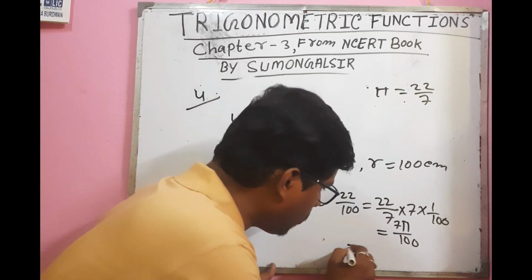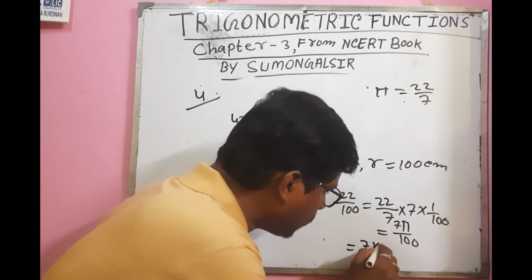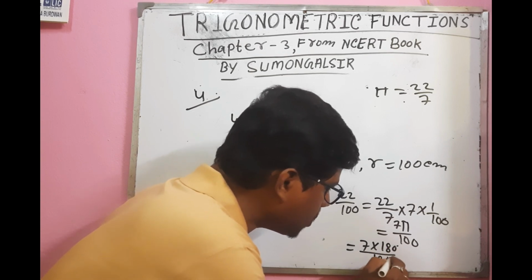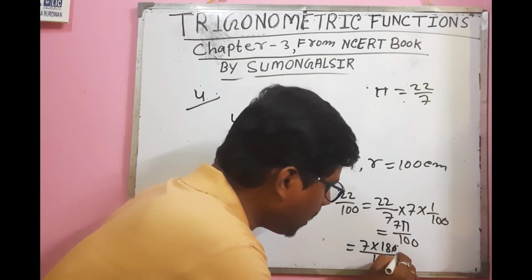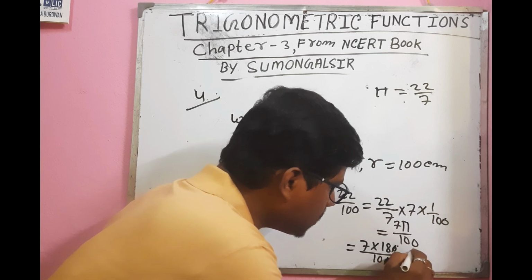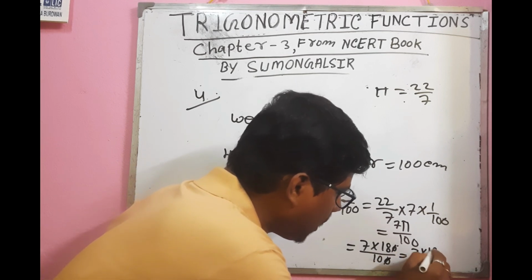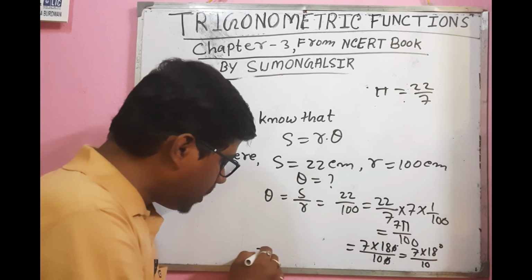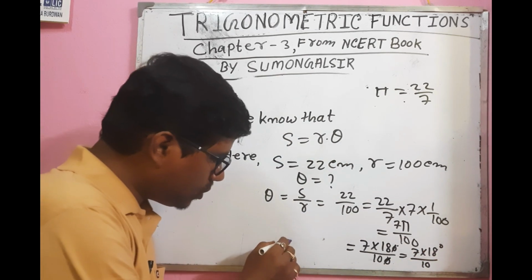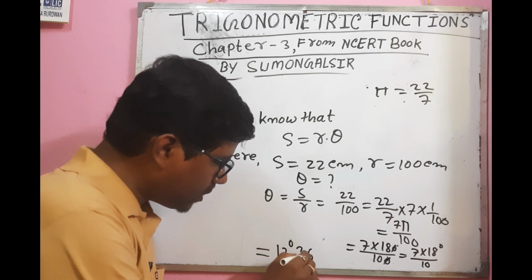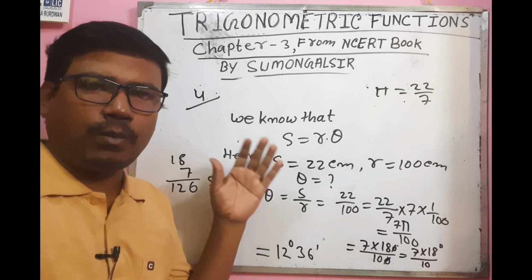And if we want to bring it in degrees, then we get 7 multiplied by 18 divided by 10 degrees. After calculating, we get the result 12 degree 36 minute. So this is the completion of the fourth.